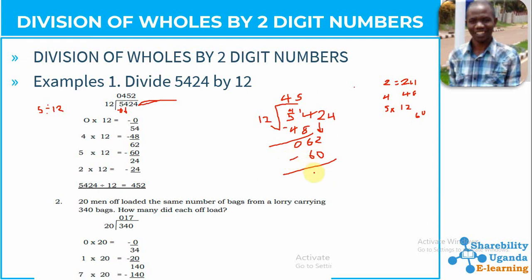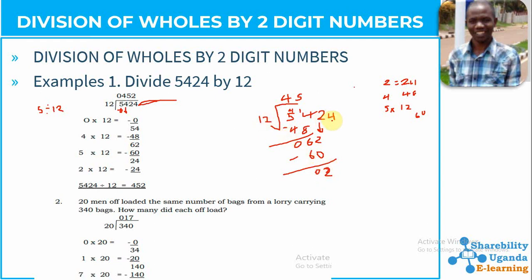When we get 60, we still subtract. So this is going to be 2, then 0. So this simply means we have now got our 02, which is remaining here. We have our 2 divided by 12. It is impossible.